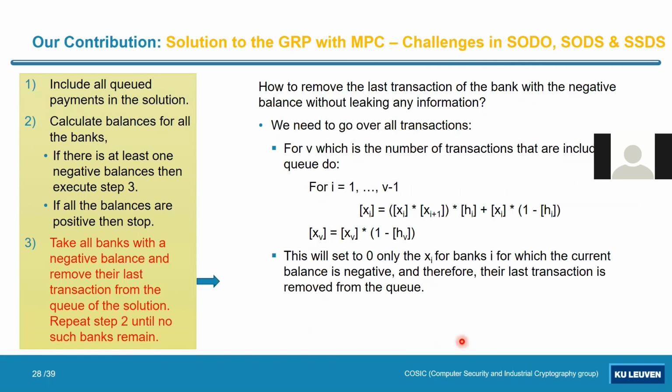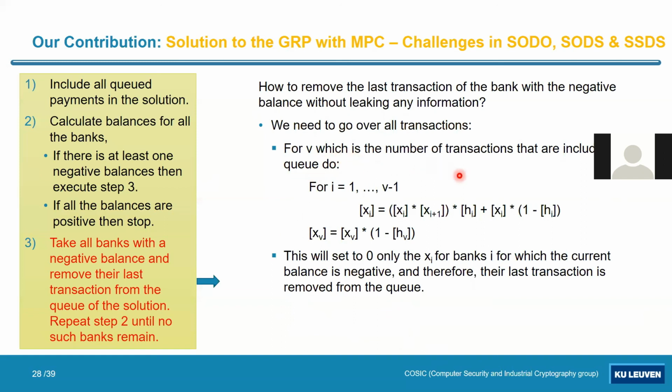The other challenge that we had for all the algorithms was that in order to remove the last transaction from the queue of the bank with negative balance in a secure manner without leaking any information, we needed to go over all transactions.